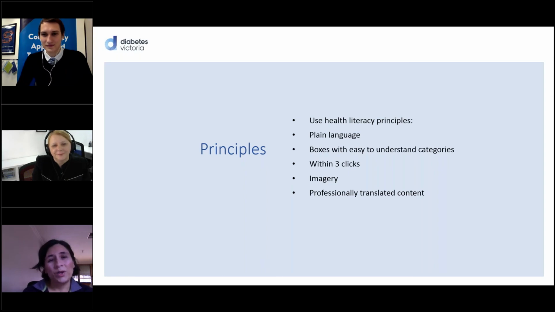Imagery is really important as well. Preferably avoid stock images as much as possible, and using real images of community members who you work with is fantastic, ensuring that there's diverse imagery across the website, not just on your translated pages, for example, and having the pages professionally translated.